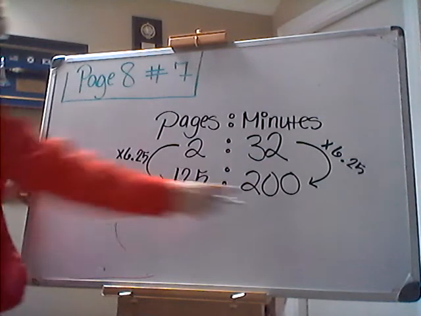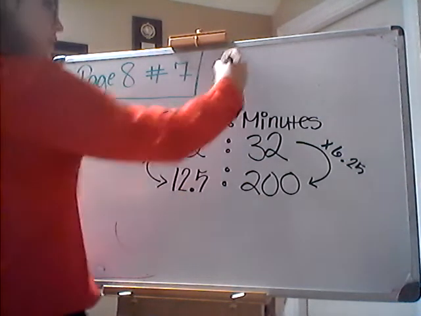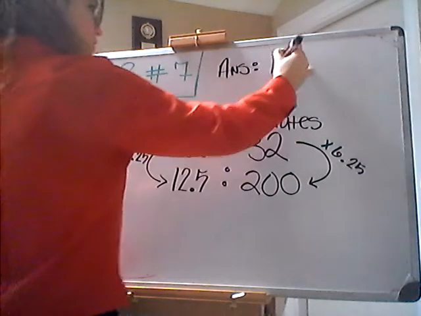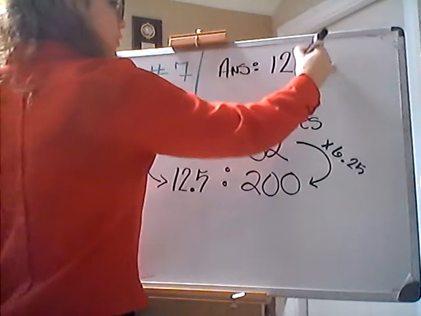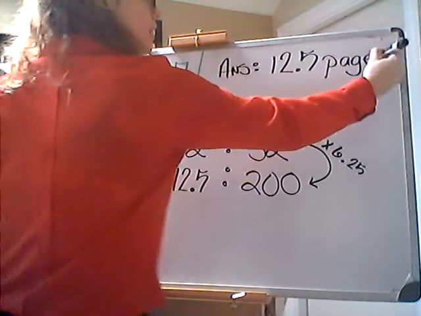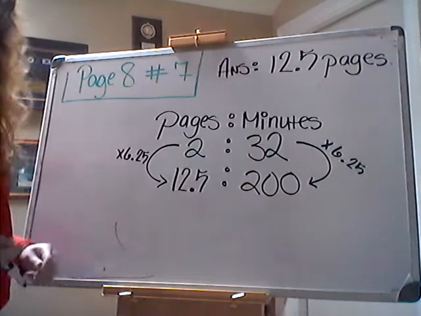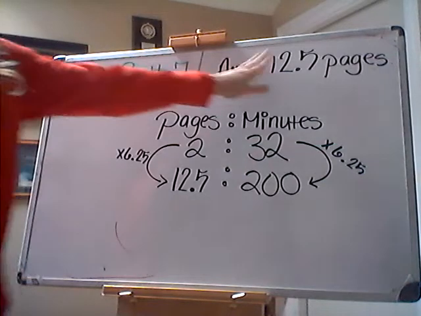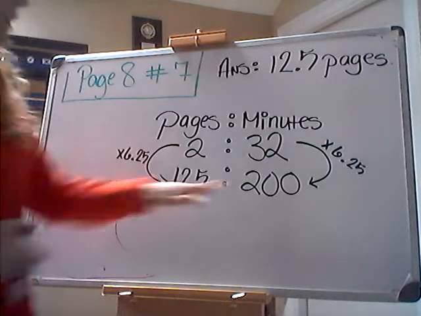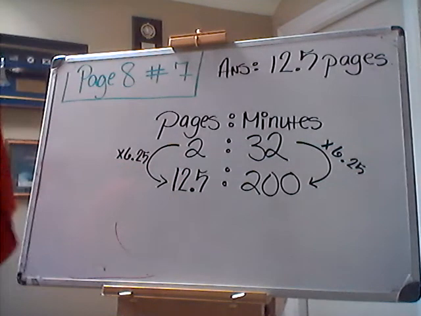So, in 200 minutes, the answer is that he can do 12.5 pages of math homework. Usually when they do page problems, it's reading rates, math rates, 12.5 pages of math for 200 minutes.